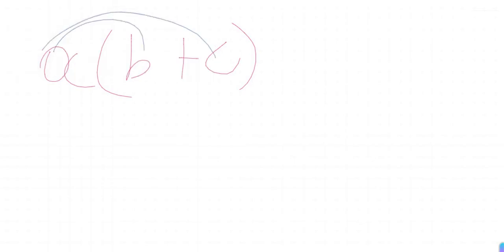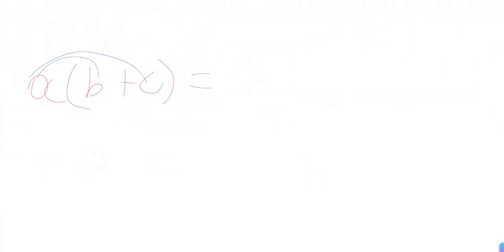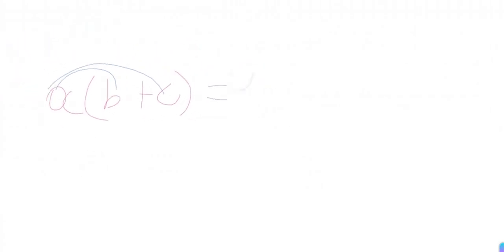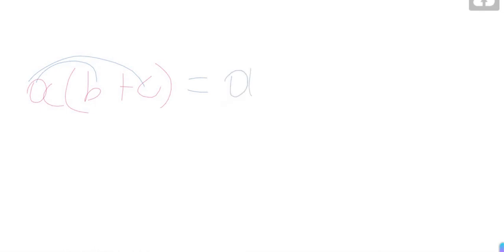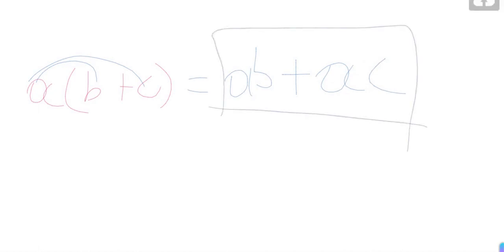So if I have A times (B plus C), this is saying that A will be distributed to each term. So it looks like this: A times B gives us AB, plus A times C gives us AC. And so this is how the distributive property looks.